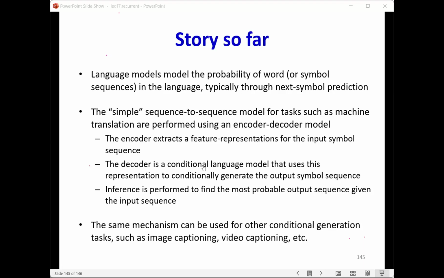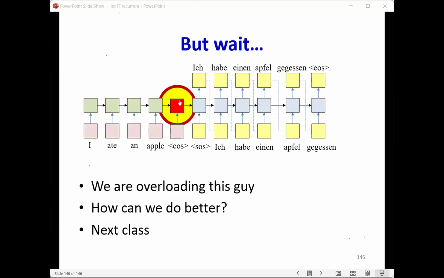The decoder that we saw is no different from the RNN language model we saw initially, except that it gets one more input, and that is from the encoder. So it's a conditional language model that uses this representation to conditionally generate the output sequence. And inference is performed to find the most probable output sequence. And the same mechanism can be used for other conditional generation tasks like image captioning, video captioning, etc.